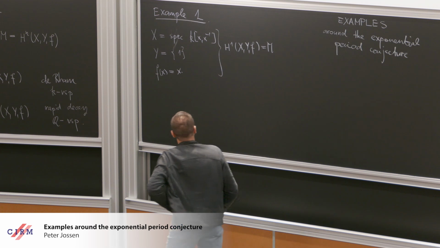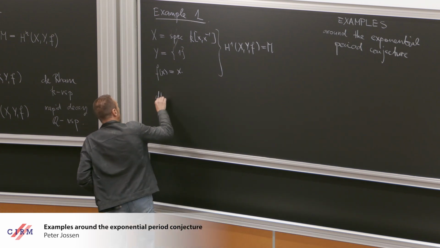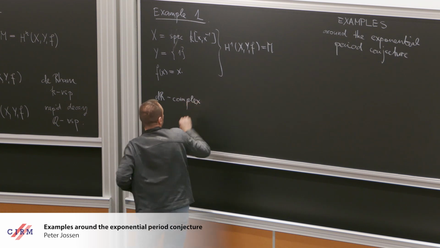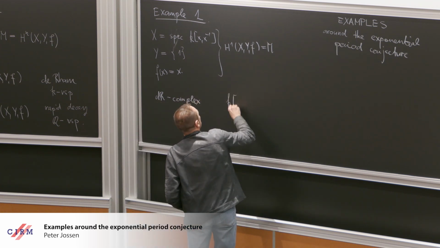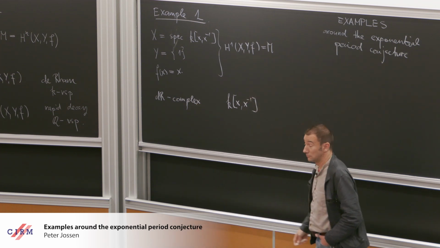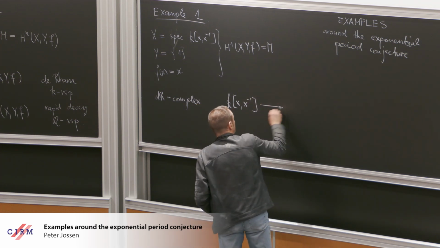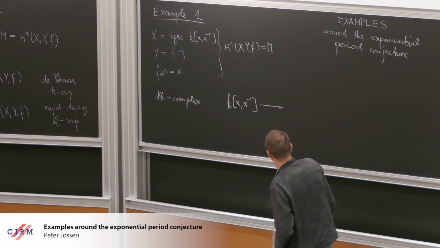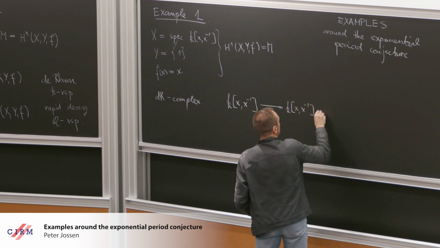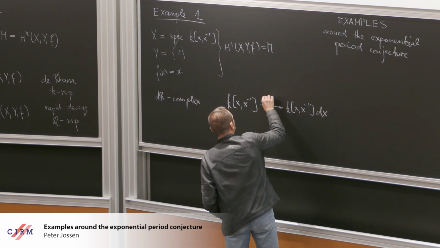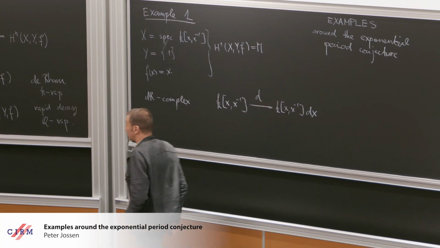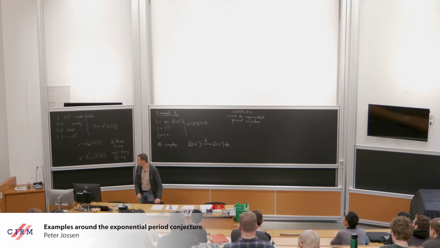So in this case, what is it? The de Rham complex is really simple. So it goes from K[x, x^-1], that's the structure ring of X, to K[x, x^-1] dx. Here is the differential d, but I'm not going to use the standard differential here.